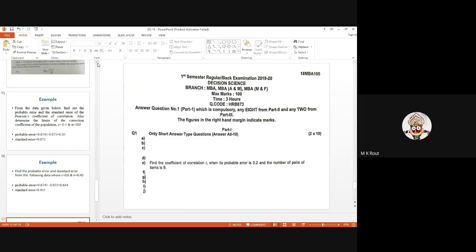Here you have to calculate r, and n is given as 9. The square root of 9 is 3, and that 3 should be multiplied with 0.2 if you simplify the equation. Is it clear? Just calculate quickly.